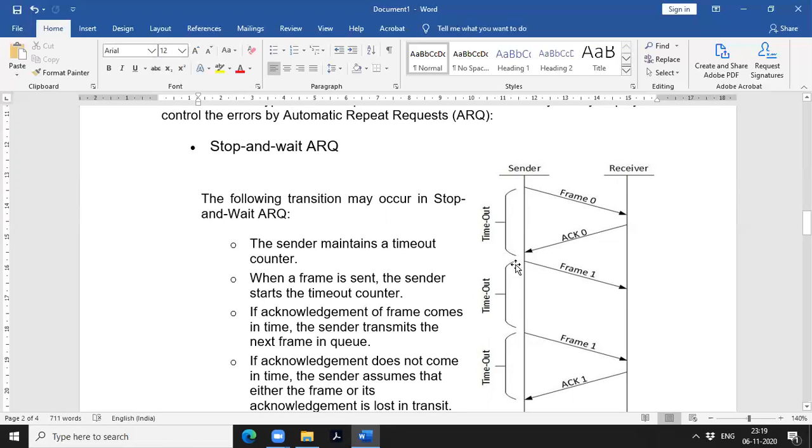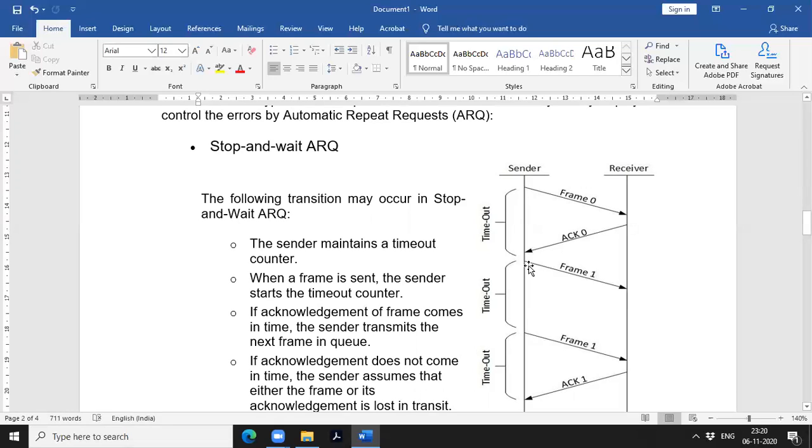In the meanwhile the receiver will send back a positive acknowledgement to the sender. If the sender receives a negative acknowledgement from the receiver, the sender will retransmit the particular frame.